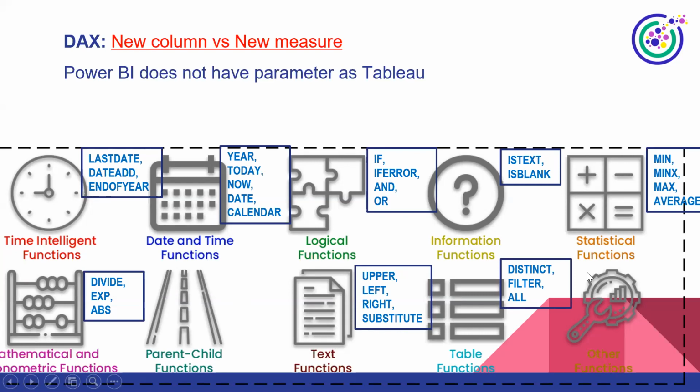And for the table functions, we have distinct, to pick up the number of distinct values in a column, filter, etc. And finally the advanced ones, which we will not mention in this section, like declaring a variable, something like in Tableau.